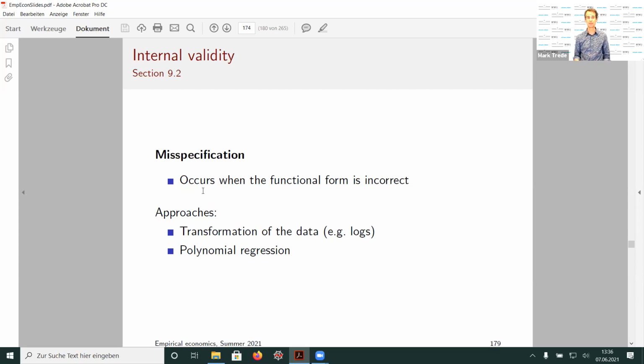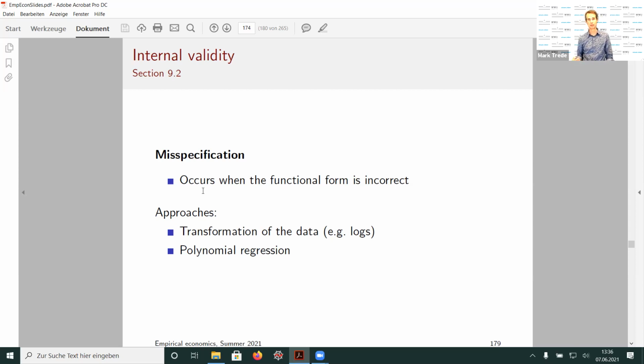In that case, if you assume linearity, you get a constant marginal effect, but in reality, the marginal effect is not constant. So you should not base your policy planning on the estimated constant marginal effect, because that's wrong. And therefore, misspecification is also a problem.